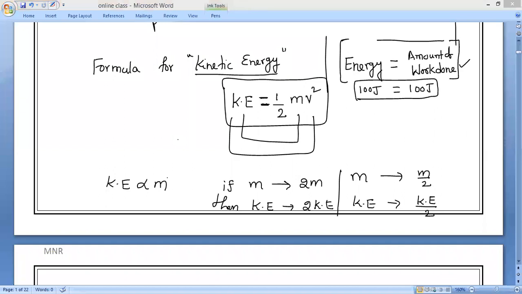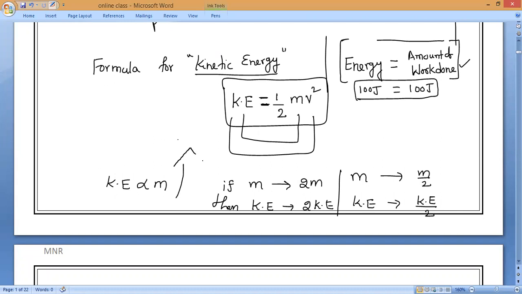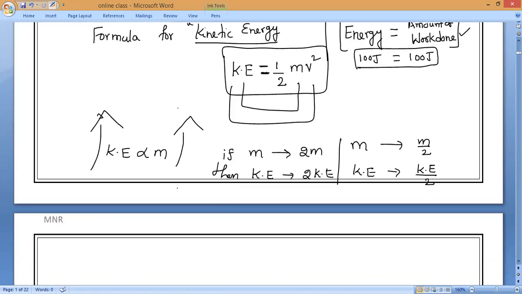Both are directly proportional to each other. If one increases, the other also increases. If one decreases, the other also decreases. Any doubt in this?